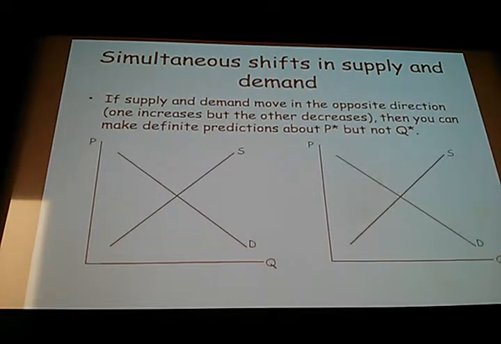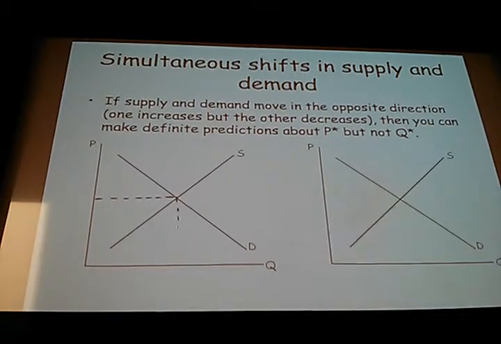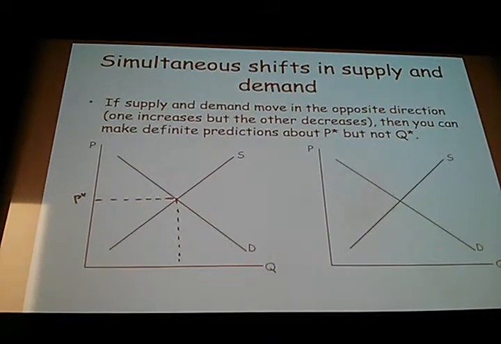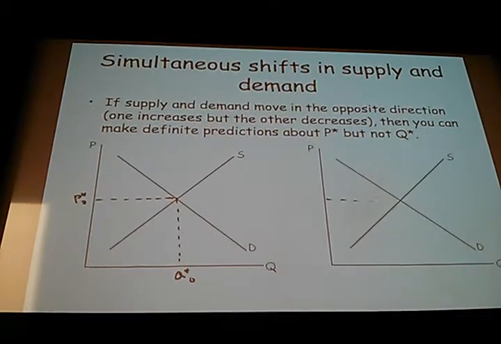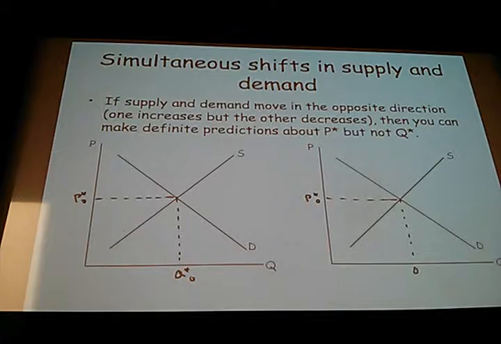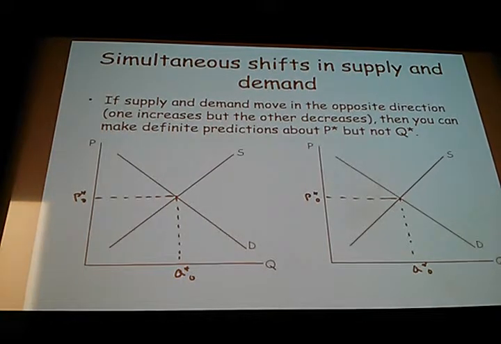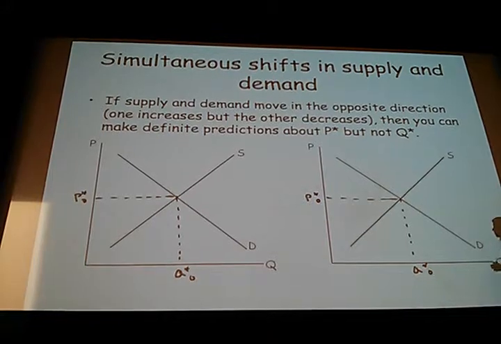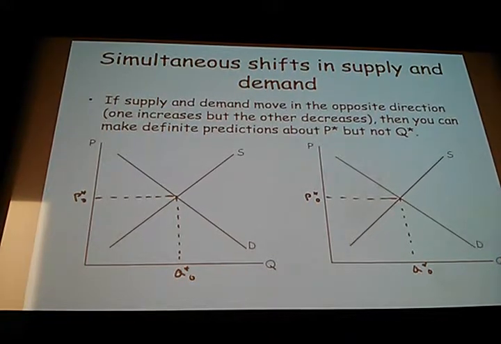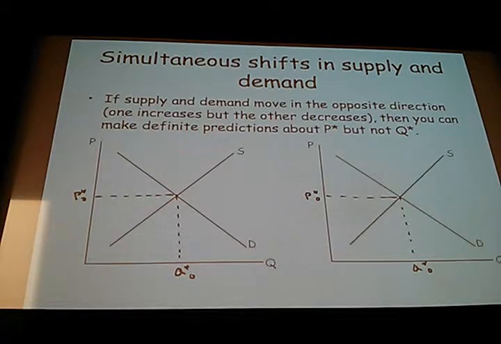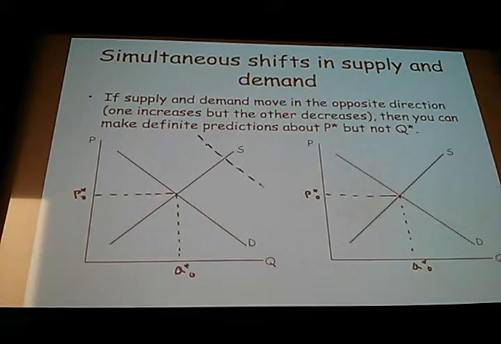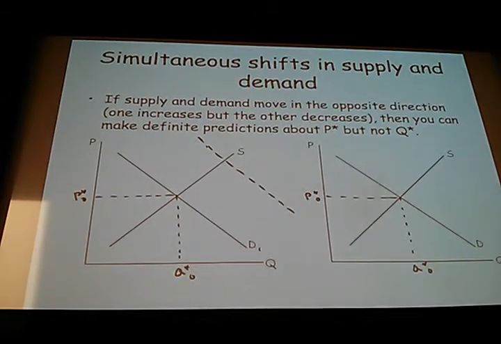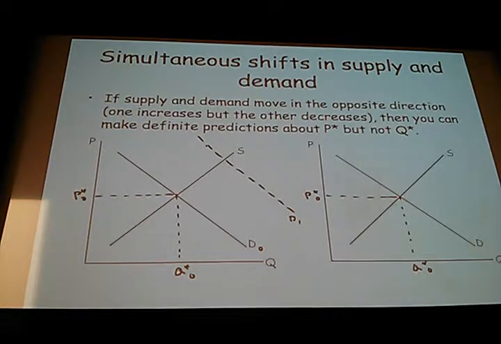So let's go ahead and write down the initial equilibrium price and quantity. So let's suppose that in the first picture we have a really big shift out in demand, and a small shift back in supply.